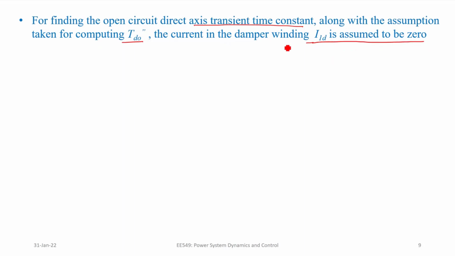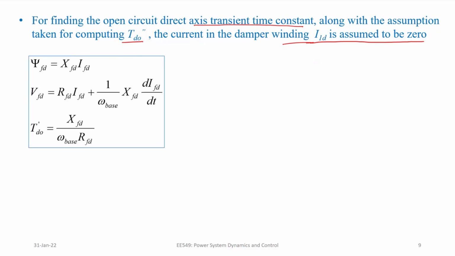Similar to the assumption we considered for deriving the transient reactances, I1D, the transient in the damper, will die out during the transient condition where field winding transients are considered, right? So therefore I1D is assumed to be 0.